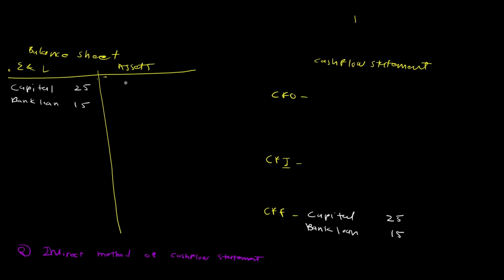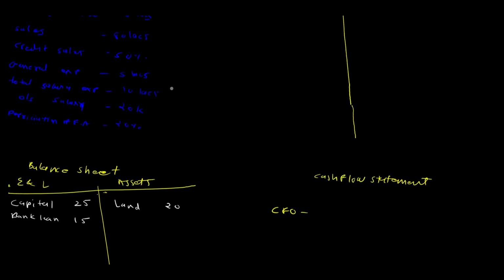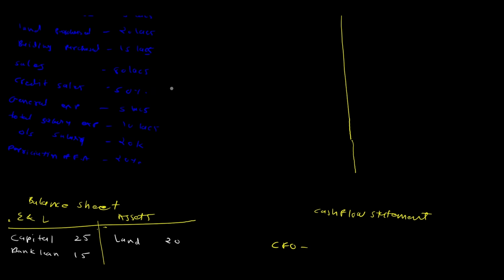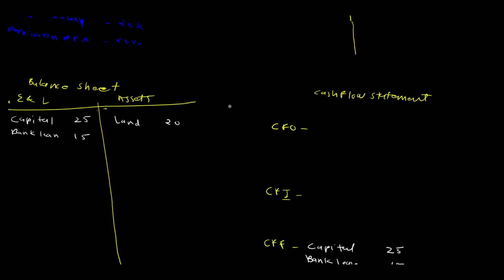Land purchase is an asset, and it's an investment. So land purchase, minus 20. It's an outflow for the investing activity.